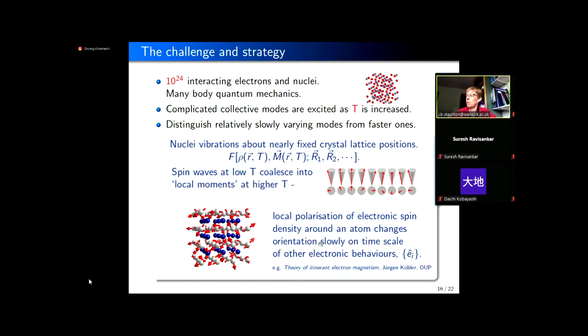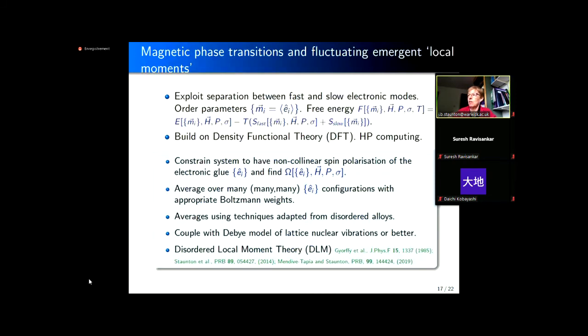Okay, so for more details about that, you can see Jürgen Kubler's excellent book as well as some other review articles. So that's the idea then, is to say that from a density functional prescription, we could constrain our system to have magnetization directions along a bunch of orientations, so a bunch of little unit vectors.